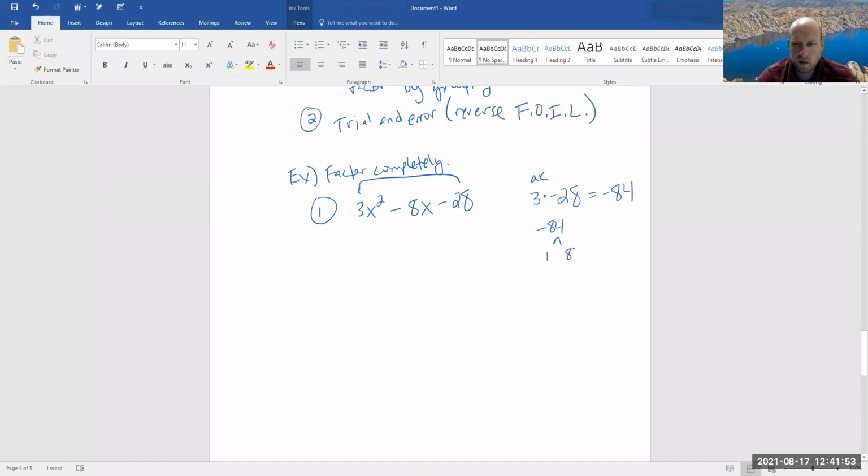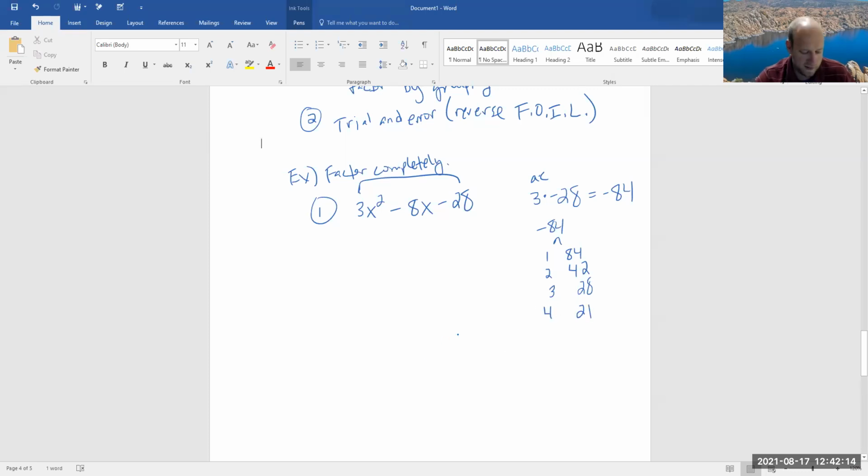So 1 and 84, that's obviously not going to work, but I'll just write it down anyway. 2 and 42. Let's see, does 3 go into 84? Sure, it does, so we have 3 and 28. 84 divided by 4 is 21.